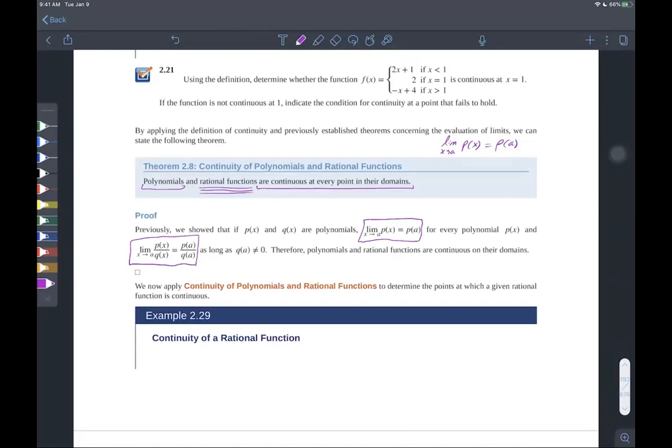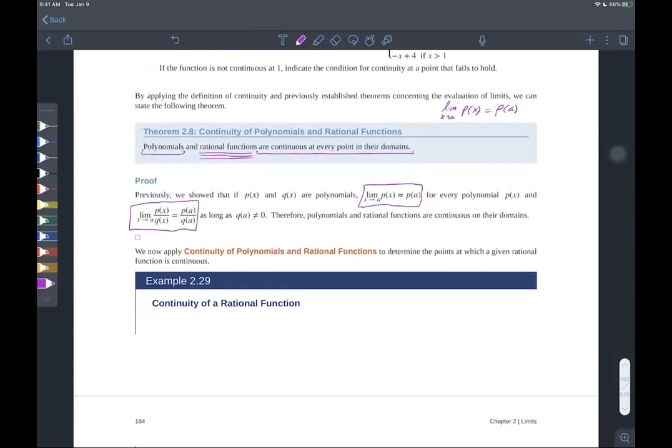So previously, for the proof, we can just read it really quickly since it's 2 lines. Previously, we showed that if p of x and q of x are polynomials, the limit as x approaches a of p of x is p of a for every polynomial p of x, and the limit as x approaches a of p of x over q of x is equal to p of a over q of a as long as q of a is not equal to 0.